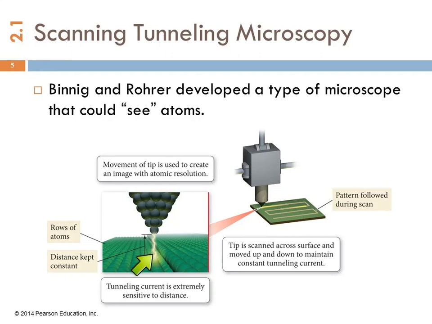It keeps the distance from the end of the tip to the surface constant, and it does that because of this tunneling current. It passes an electric current from the tip through the air into the object being examined. They keep this current constant, and that allows them to move the tip up and down, and by the movements of the tip, they can tell where there are little bumps or whatever on the surface.